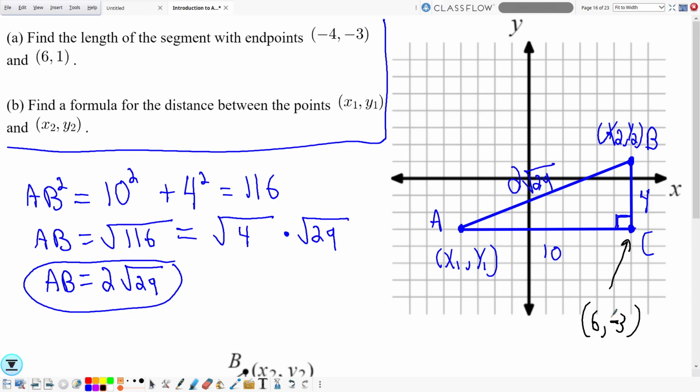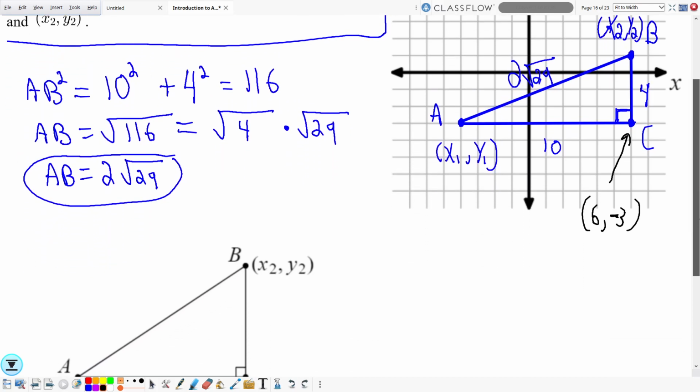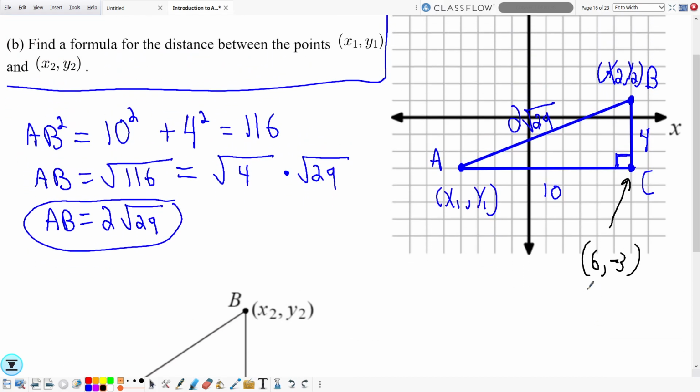Point C is using the y coordinate of point A and the x coordinate of point B. Another way to look at this is, 6 is our x2, the x value of B, and our coordinate C uses the value y1, which was from A.